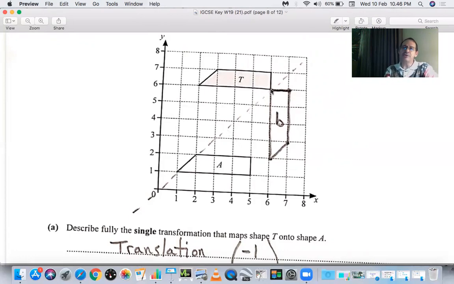So what you want to do is count each vertex perpendicular to the line of symmetry, and then count the same distance over. Notice this corner on our object is already on the line of symmetry, so that means when you reflect it over, it will still remain on the line of symmetry for your image.